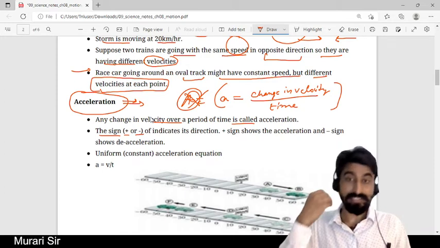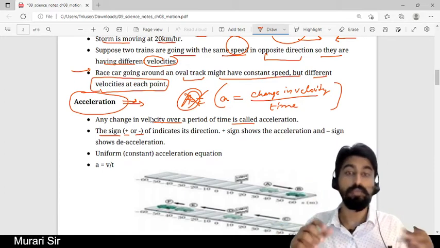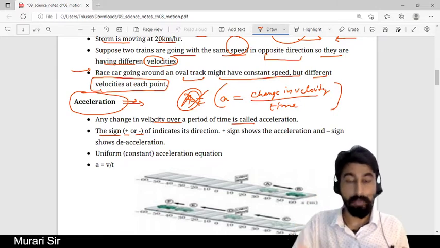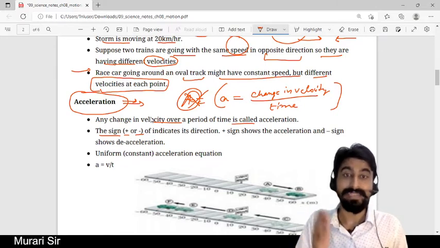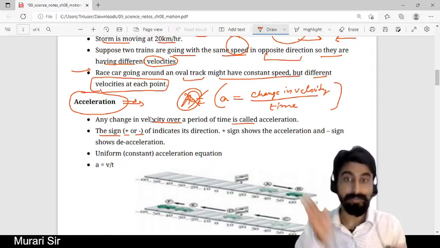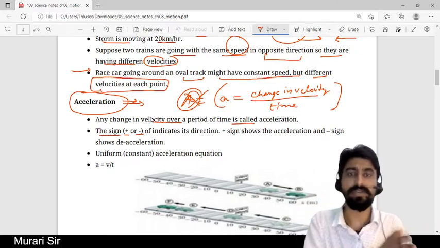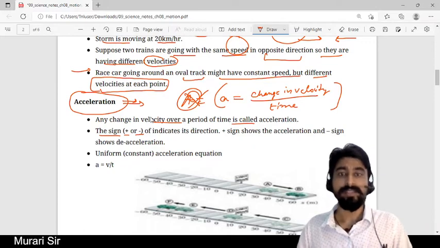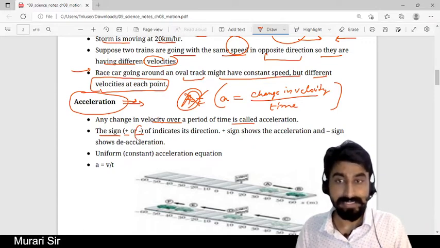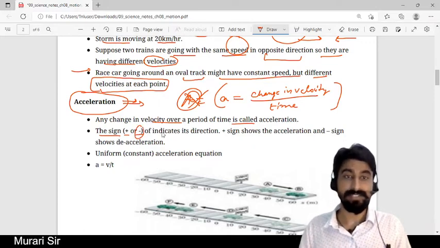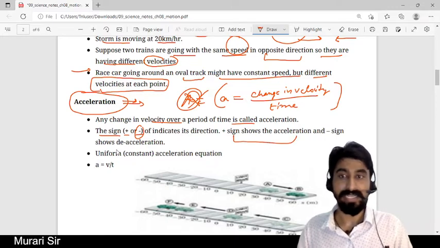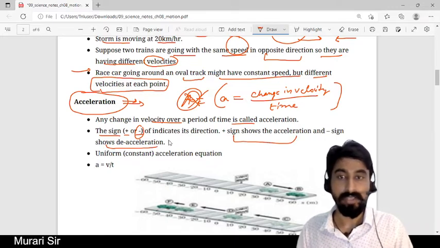But suppose after seeing someone on the road, you apply the brake and you have to stop the bike. In that case, it is retarding, coming from 50 to 40, 30, 20, and then 0. That is retarding, or you can understand it as a negative acceleration. So positive is acceleration, negative is deceleration, or sometimes we call it retardation also.